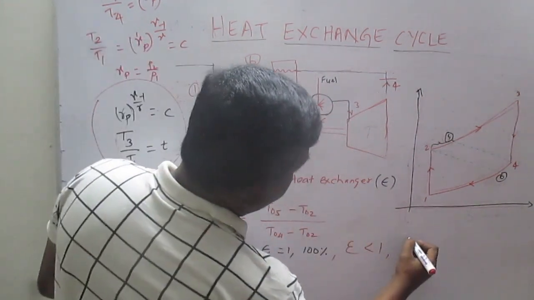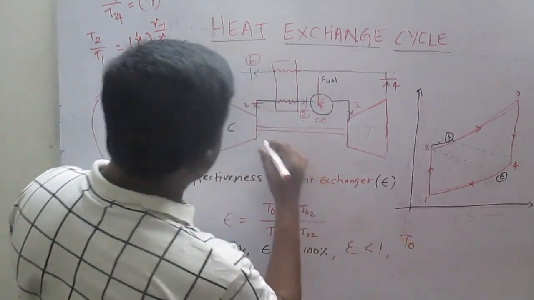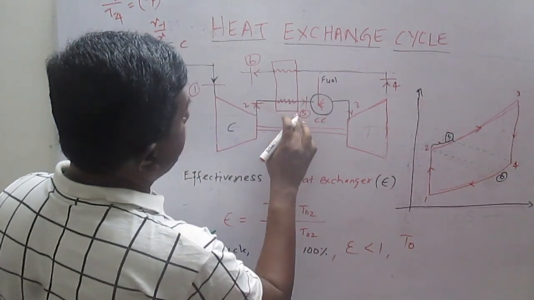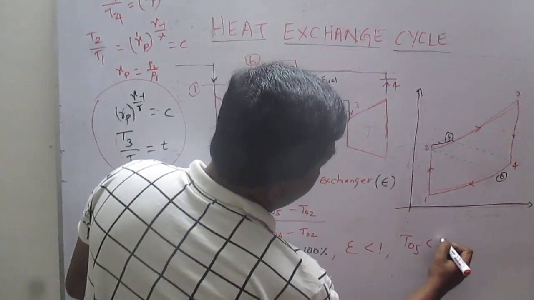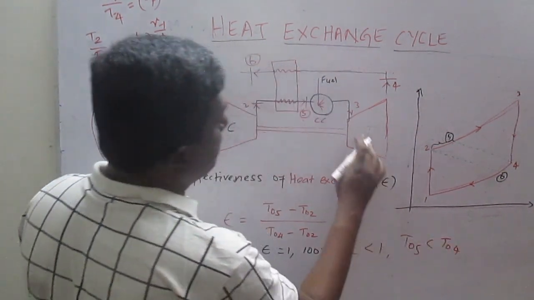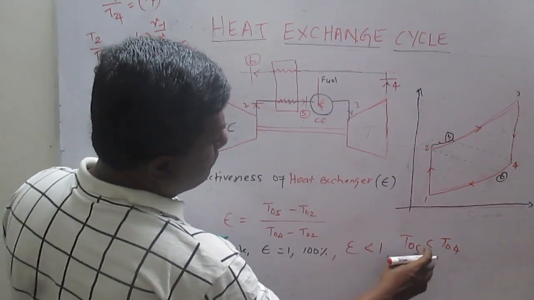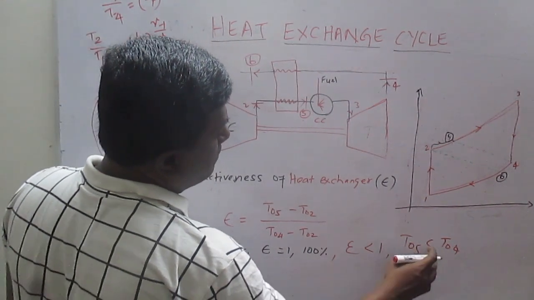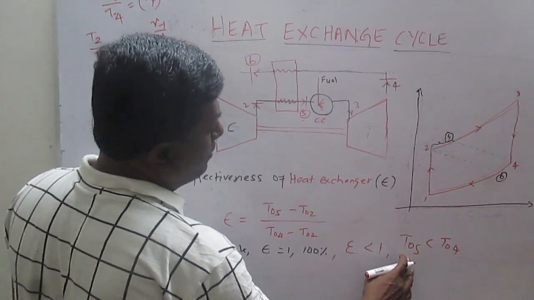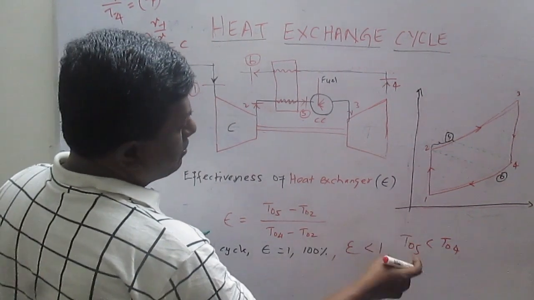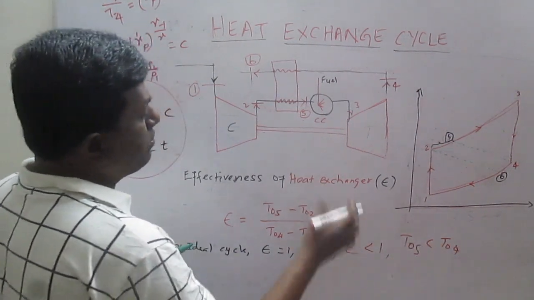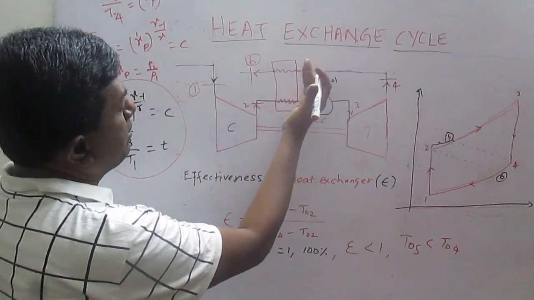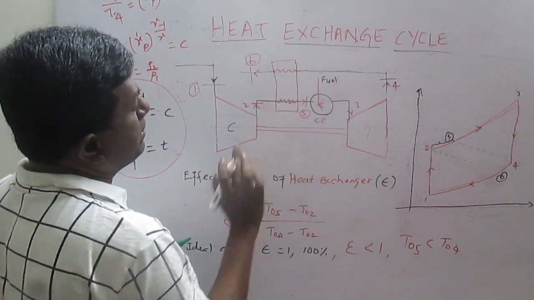It means T05 is less than T04. That is one thing we have to note down, because T05 will be equal to T04 only for the perfect heat exchanger. Whenever T05 is less than T04, heat transfer takes place because of the heat exchanger.